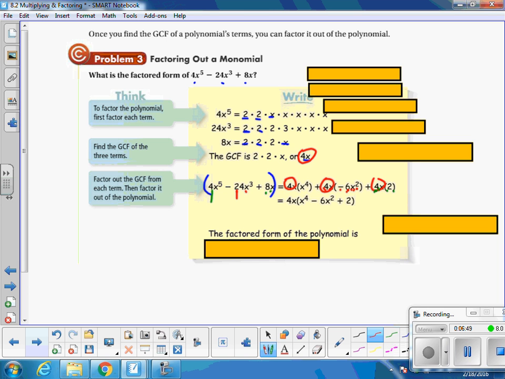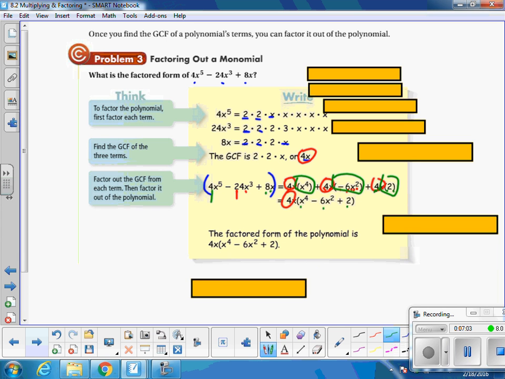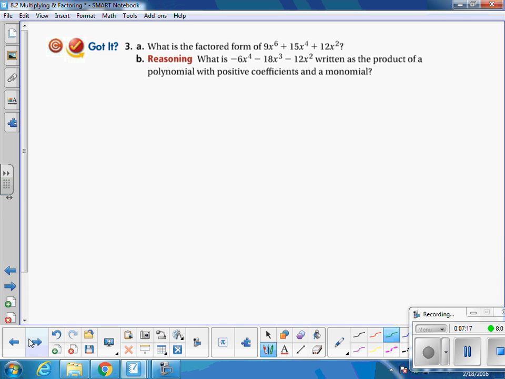I lead off with my 4x times all the different pieces that are left right here: x to the 4th minus 6x squared plus 2. The factored form of the polynomial cleans up like that. So really it is about finding the greatest common factor and then pulling that out from each of the terms. What is it going to take to make that on each term?